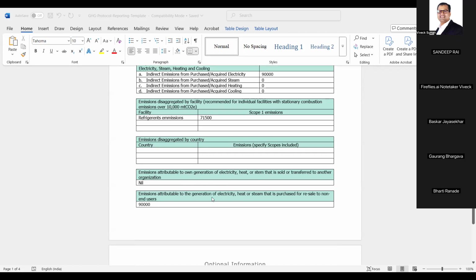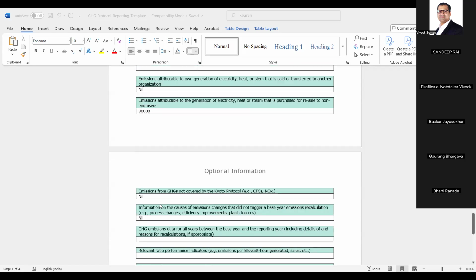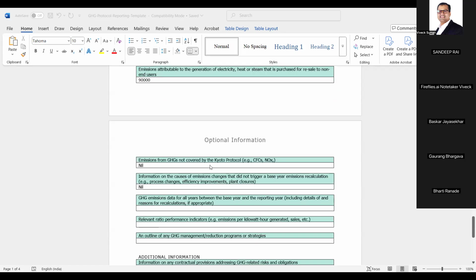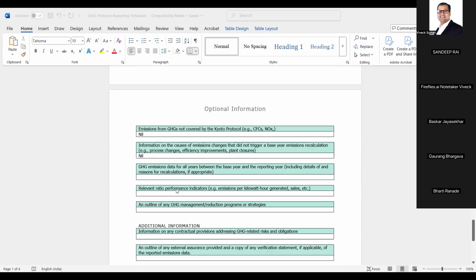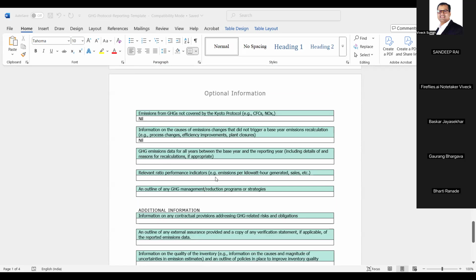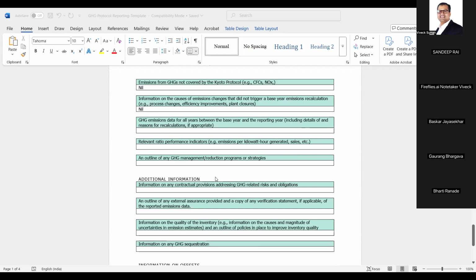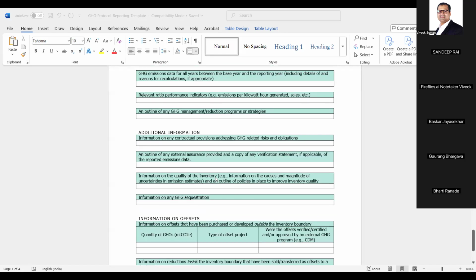I have not shown emission attributable to own generation, nil. Emissions attributable to the generation of electricity and heat purchased is 90,000 again. So I tried to fill in a little. Emissions of GHG not covered in the Kyoto Protocol, nil. This is on the basis of the data which has been provided. So that is it. Very good.